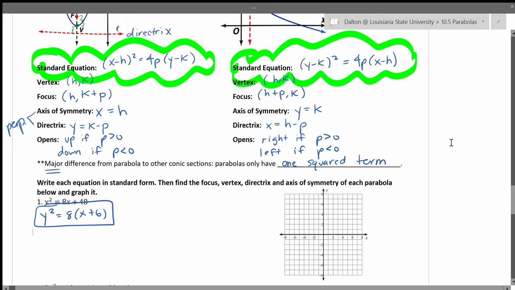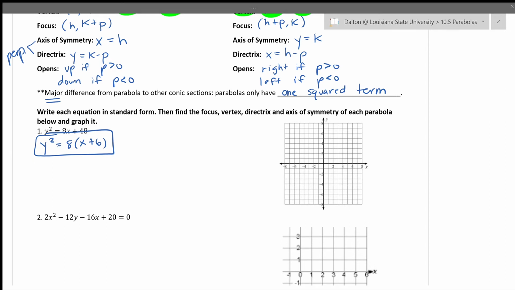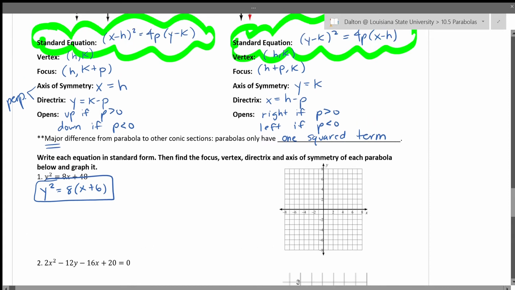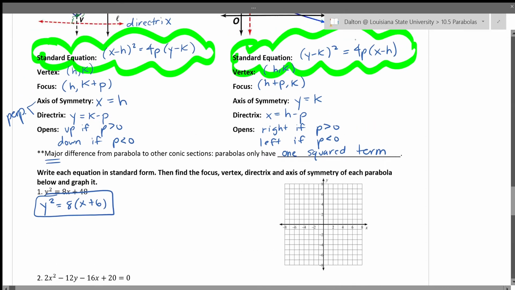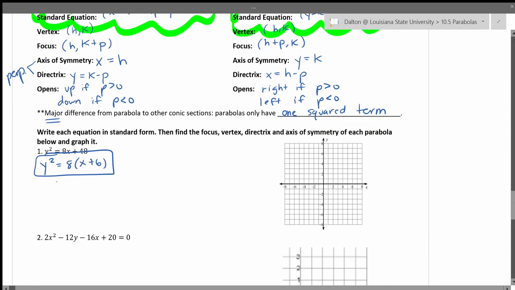Now, if you wanted, this is what I want to see, but I also could not argue if you decided to go one step further, because if you notice the standard form has 4p as a coefficient on the right side. So whatever is in that position is equal to 4p.